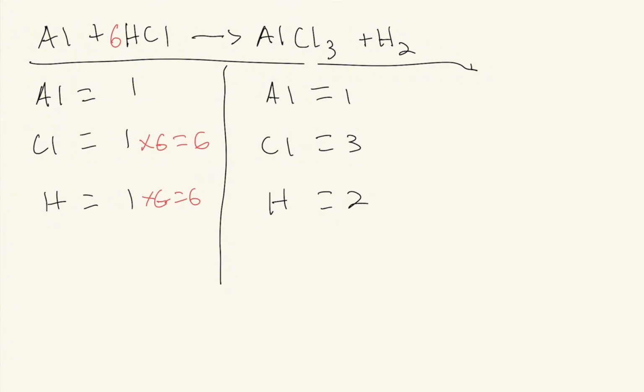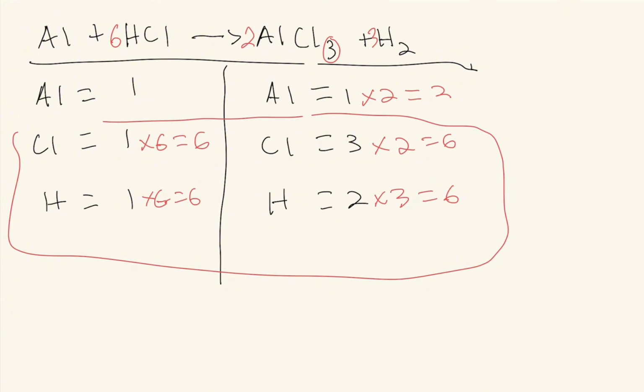So on this side, chloride here is 3, so we're going to have to multiply this whole thing by 2, giving us 2 AlCl3, which will multiply the Cl by 2, giving us 6, and the Al by 2, giving us 2. And then we're also going to have to fix the hydrogens, putting the 3 on this hydrogen, giving us 6 hydrogens. So now the chloride and the hydrogen are all balanced.